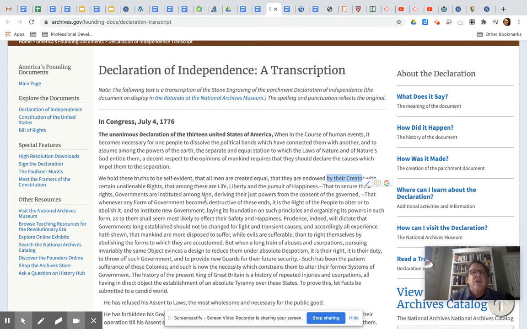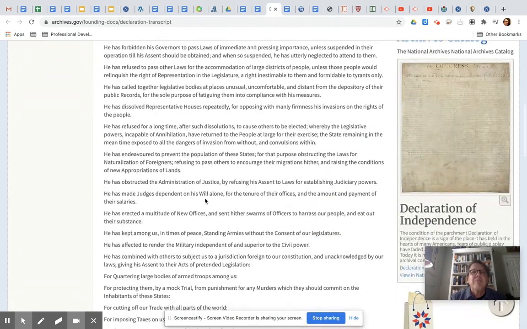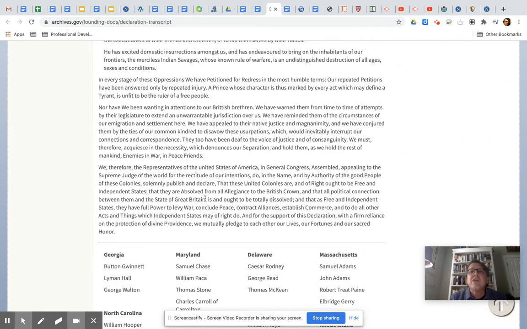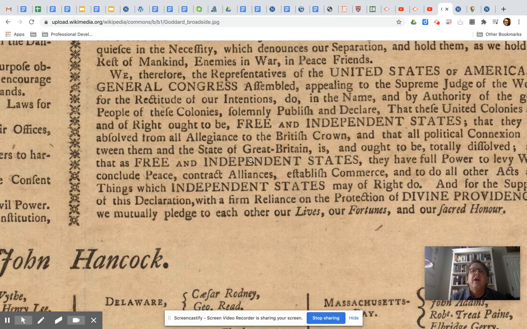In fact, although the Matlack version has much less capitalization, there is a part towards the end where he talks about in every stage of these oppressions, we have petitioned, and he emphasizes that we there. And then you've got the Goddard version, which emphasizes a whole bunch of other words.